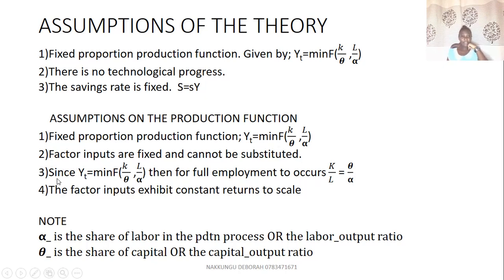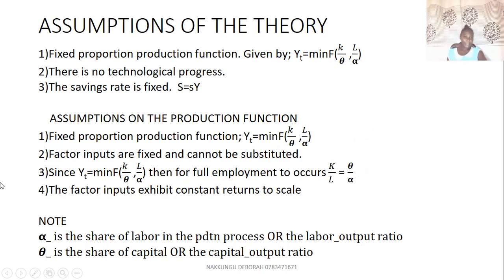Since Y_T is equal to the minimum of K over theta and L over alpha, it means that for full employment to occur, K over L must be equal to theta over alpha.